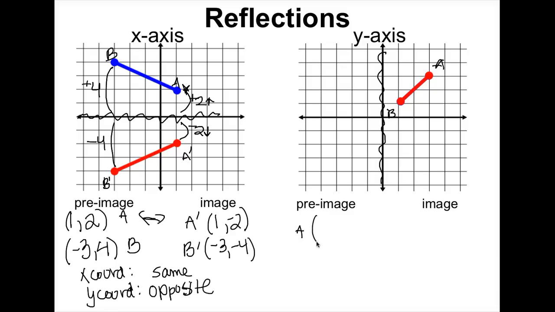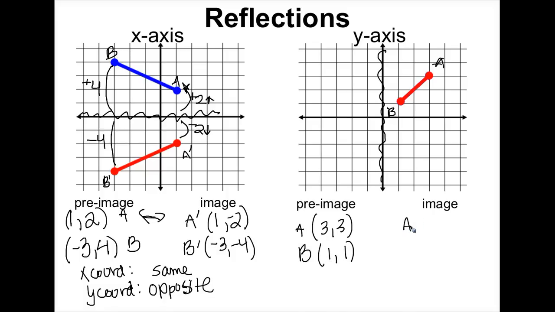We're going to do this in a little bit of a different order. So A, the ordered pair is 3, 3. B is 1, 1. Now for my image, if you're unsure what's going to happen, let's just look at our points. Well, my B was to the right one, so my new B is going to be to the left one. My A was to the right 3, now it's going to be to the left 3.